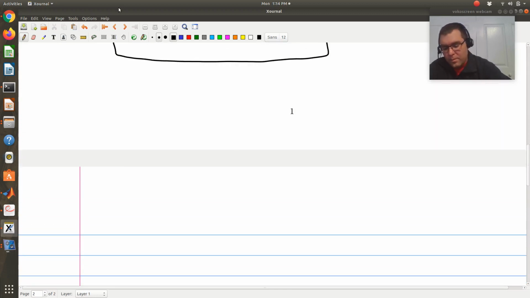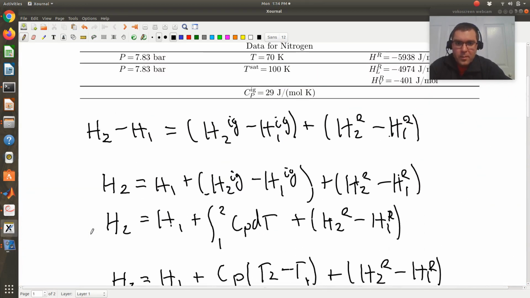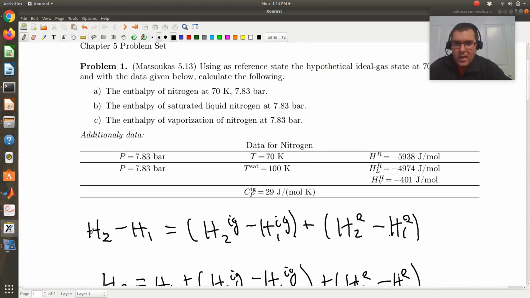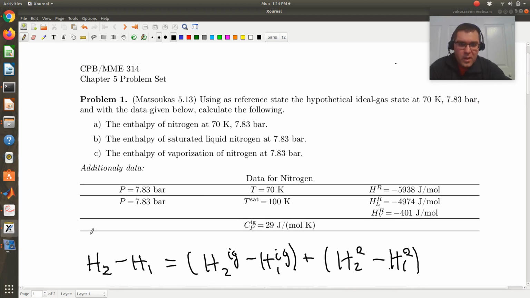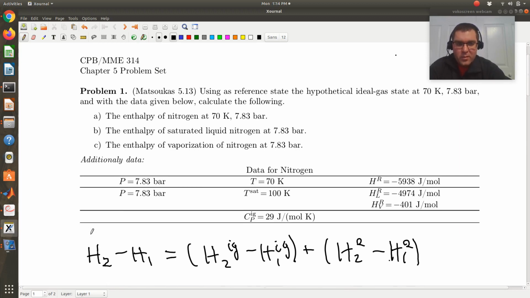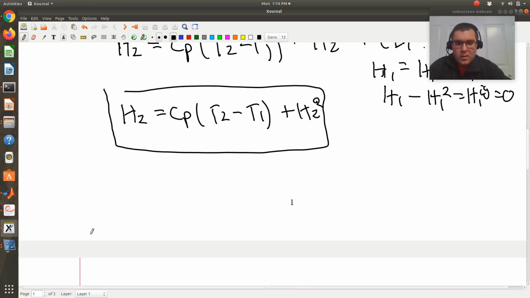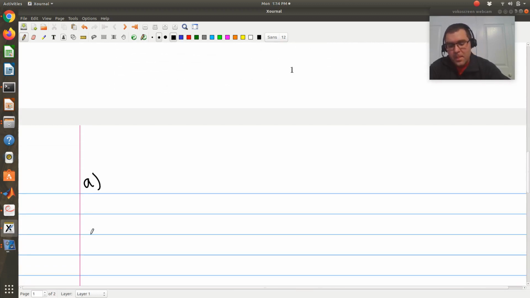In problem A, we want the enthalpy of nitrogen at 70 Kelvin and 7.83 bars, where we're adopting as our reference state a hypothetical ideal gas at 70 Kelvin and 7.83 bars. This is interesting because T1 is equal to T2 and P1 is equal to P2.